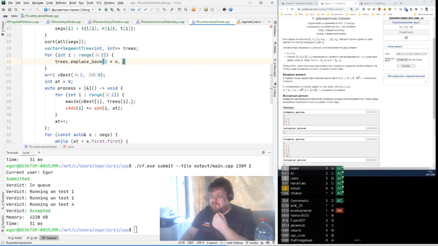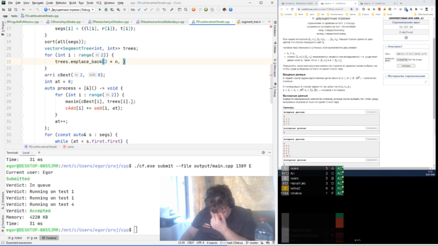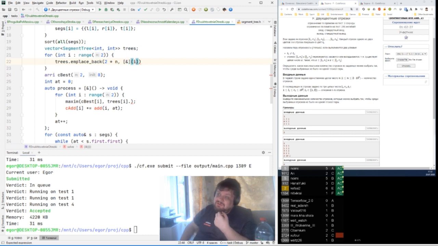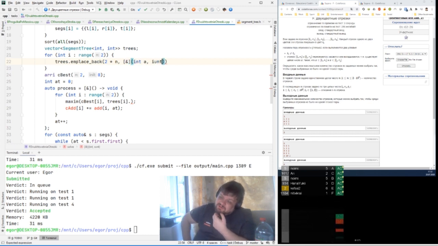So basically, if we do some maximum matching this way, yes, it's probably solvable this way as well.